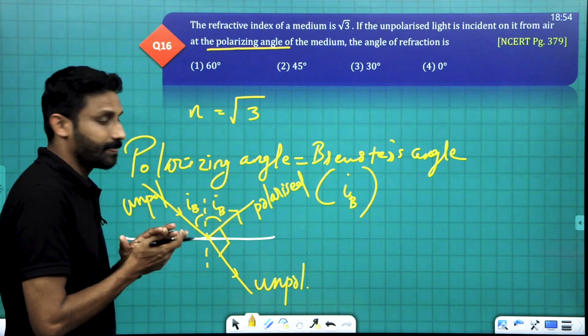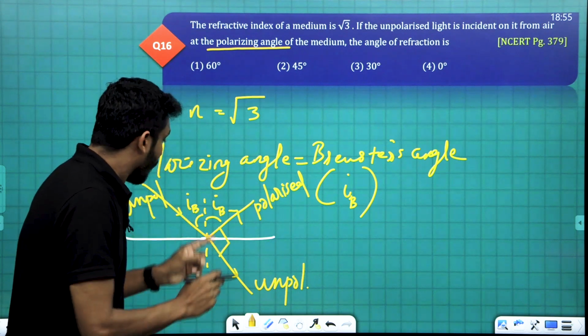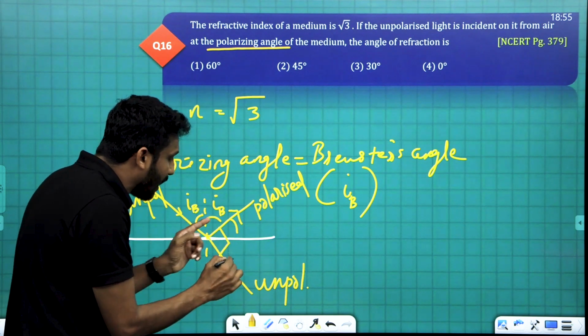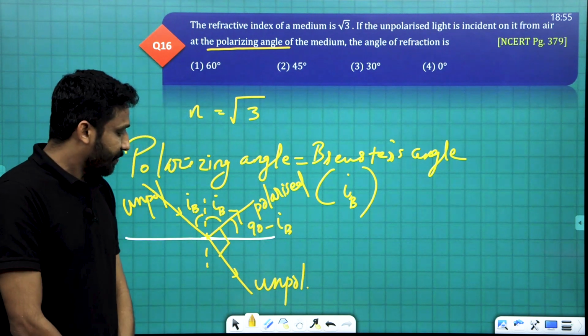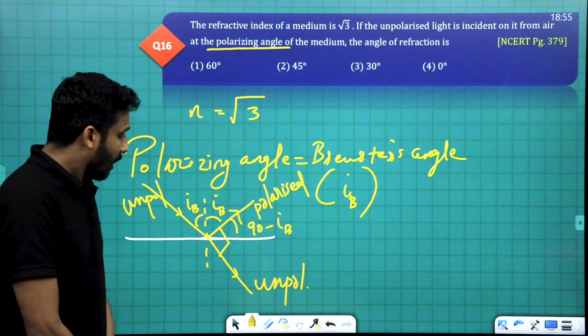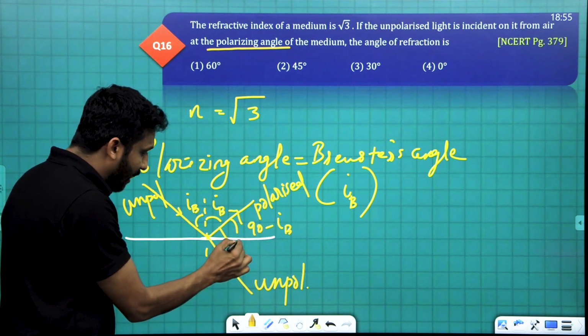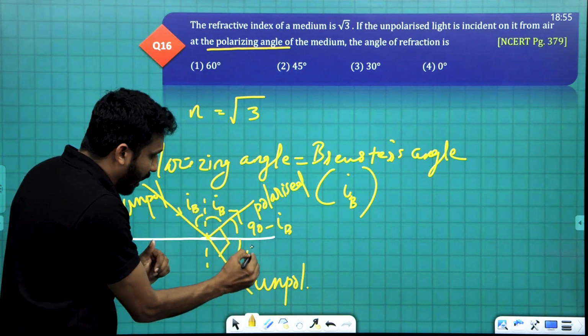That is the law of reflection. And this is IB. Then what about this remaining? It is 90 minus IB. This is totally 90, you know. Then this will be IB.